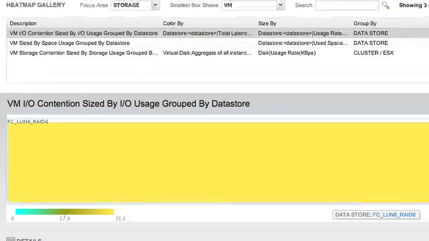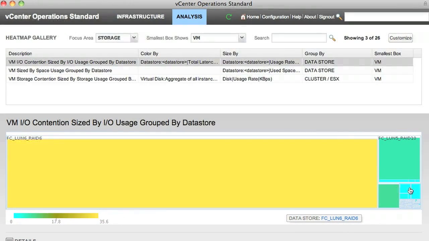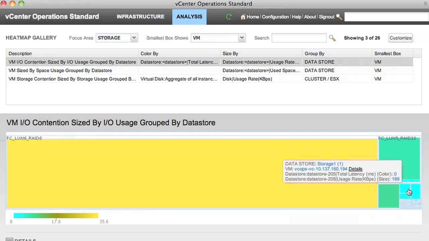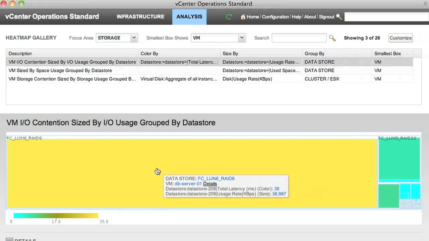So again, we can see many of these smaller data stores are using less I/O. They're not pushing through nearly as much, but they're also seeing almost no latency. Whereas this very large data store is getting in a very large amount of traffic, but also seeing a high latency.